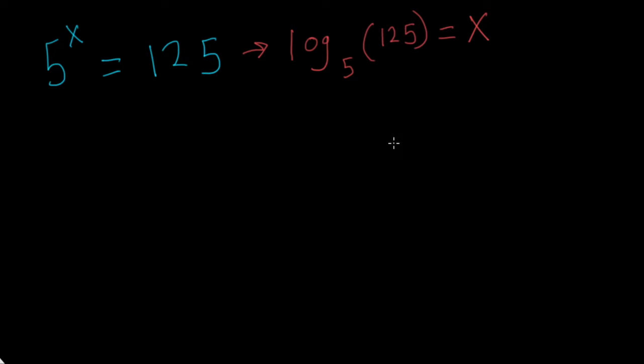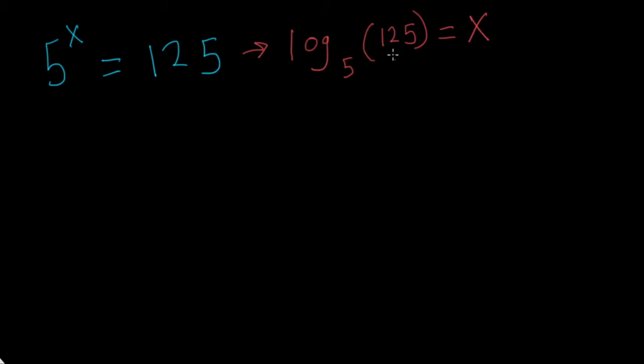As you can see, the 5 kind of comes over and matches with the x here. So we say 5 to the x power is equal to 125. That's the way I like to think about it. It's a small number raised to a power, 5 raised to a power, and again, logs always give you the exponent.